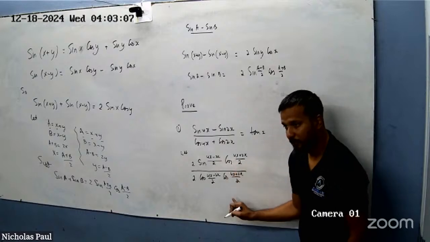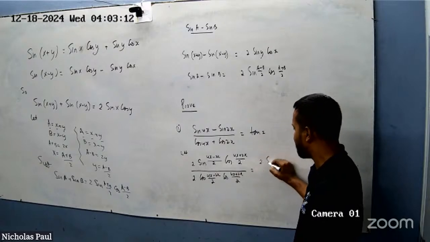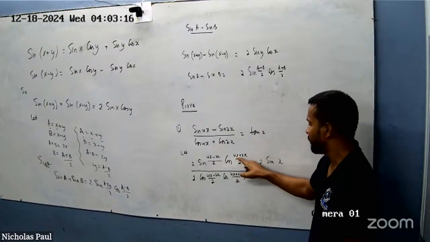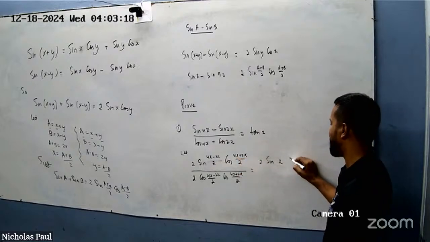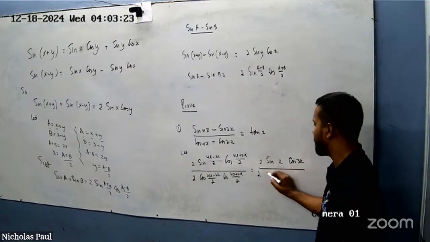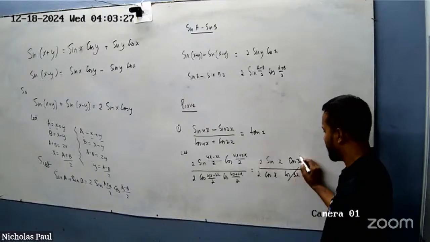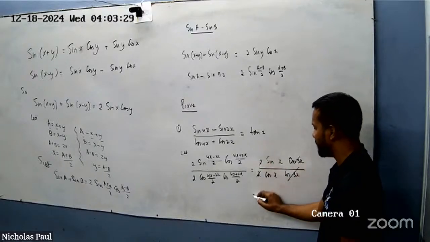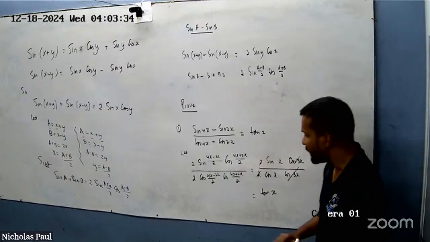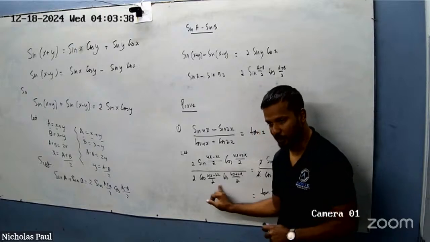So I'll be left with 2x on 2 is x, 4x plus 2x is 6x, so that's sin 3x all over 2 cos x cos 3x. This will cancel, and you'll get tan x. I have it the other way around, but it doesn't matter because it's multiplication.